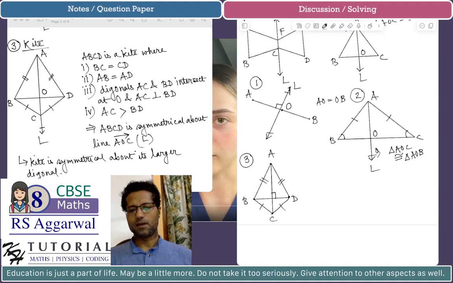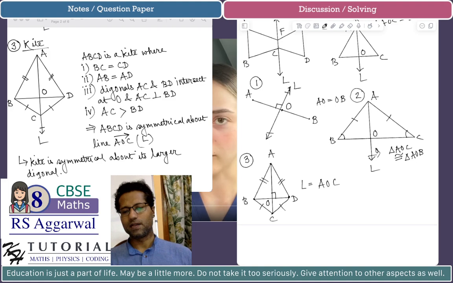the line L, which is the line of symmetry. I'm referring to capital L as the line of symmetry for all figures. So in this figure, let's say the diagonals intersect at O, L will be the line AOC.